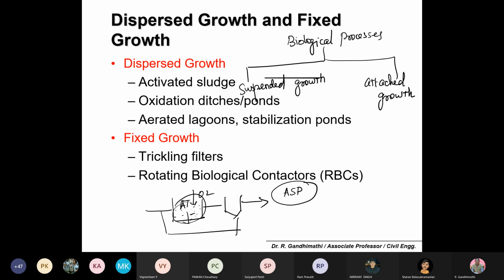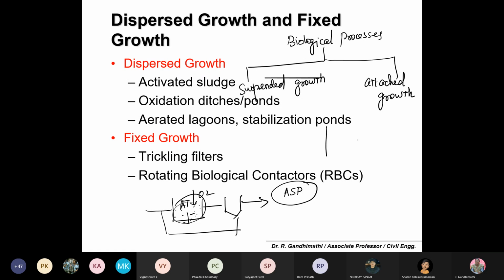Even in anaerobic, you have suspended growth systems and attached growth anaerobic systems. Lot of treatment systems may operate with suspended growth anaerobic process or attached growth anaerobic process. The examples I have indicated here are related to the aerobic process: suspended growth aerobic process is the activated sludge system, and attached growth aerobic processes are trickling filters and rotating biological contactors.